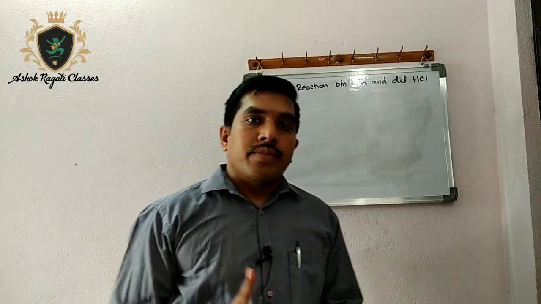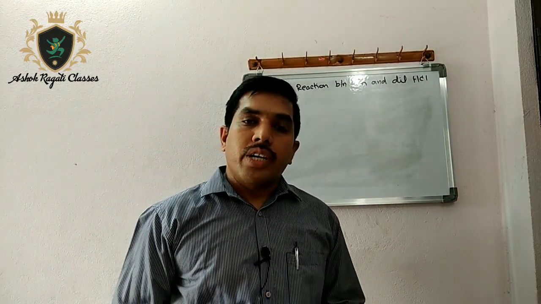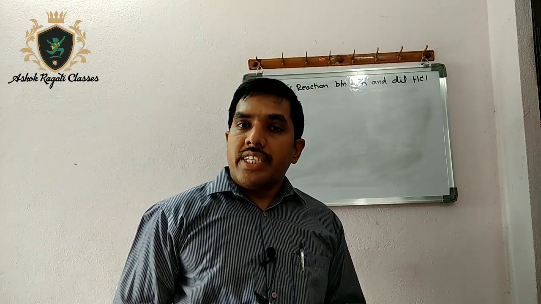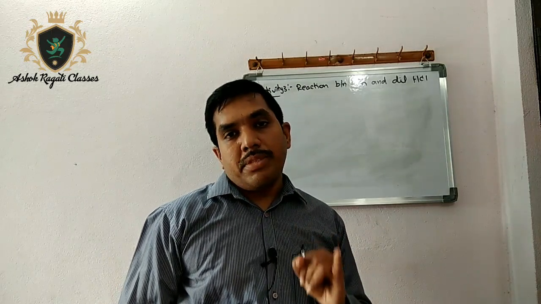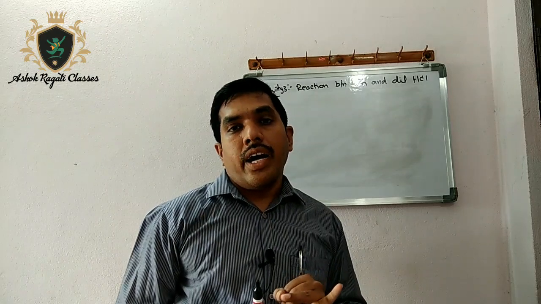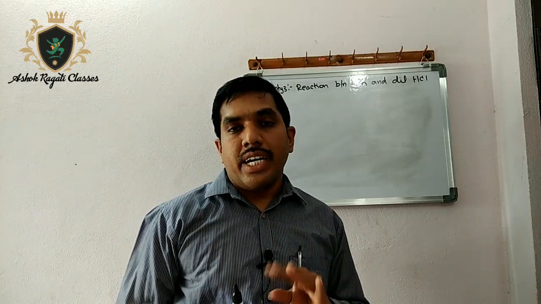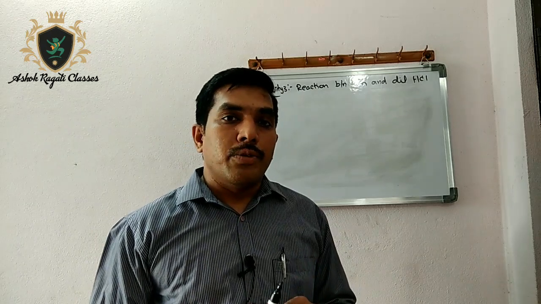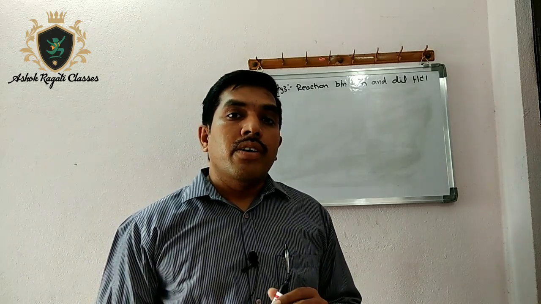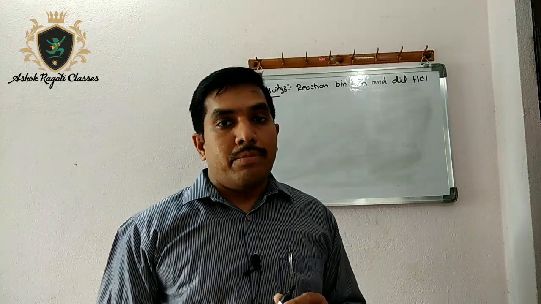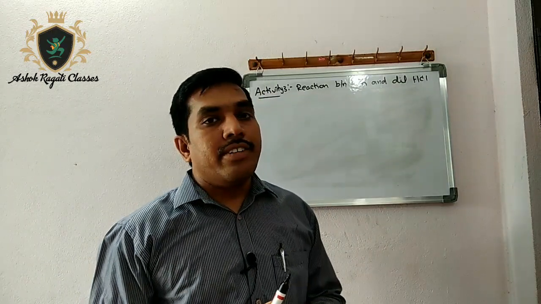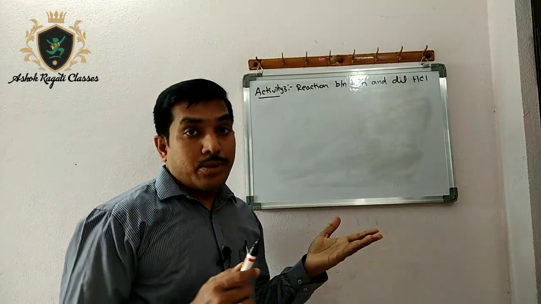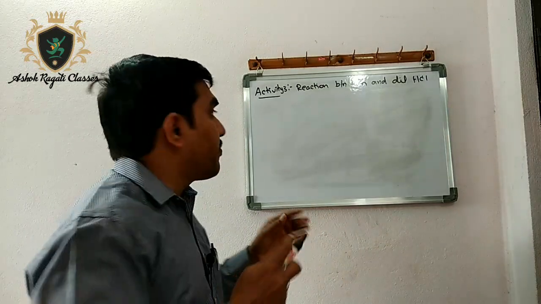In the last two activities, from the first activity we came to know that new substances may form and heat may be liberated. From the second activity, that is Na2SO4 with BaCl2, a chance of precipitate formation. Now what will the third activity say to us, we have to see.